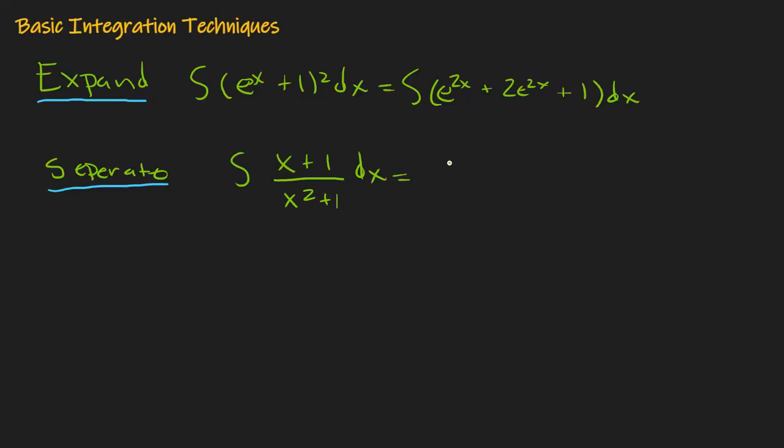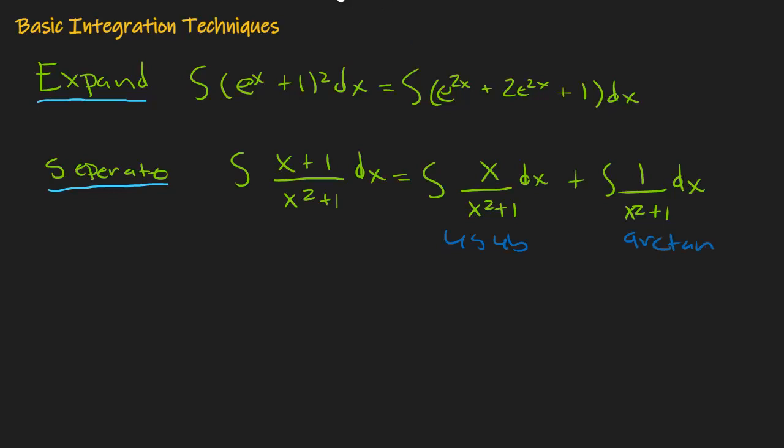By separation, we mean that we can rewrite it as the integral of x divided by x squared plus 1 dx, plus the integral of 1 over x squared plus 1 dx. Now this can be solved by u sub, and the other part is just the arctangent function. So that's one thing that we can do in terms of separation.